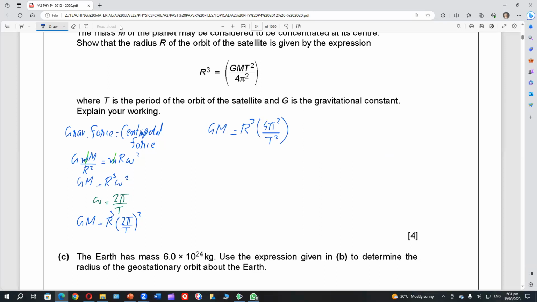Now you have to make R cube the subject. This is the derivation.